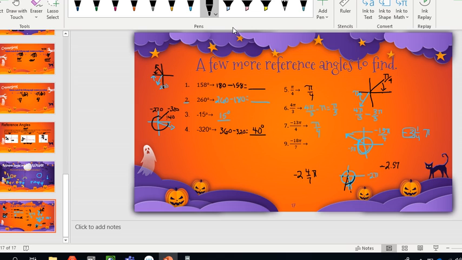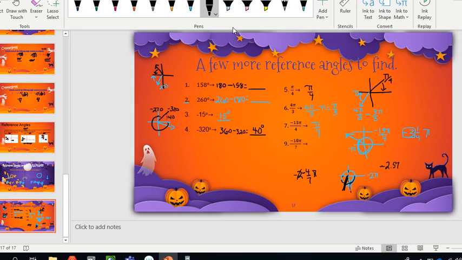The 2 pi part goes away. So this negative 2 part, the 2 goes away, and I'm only concerned with the 4/7 pi, but it's still a negative 4/7 pi, which makes it over here.